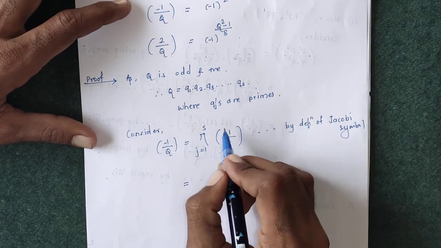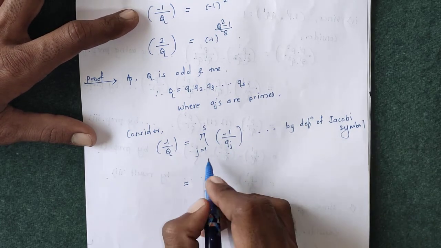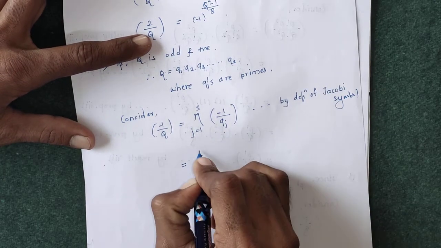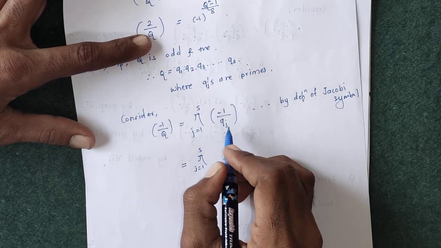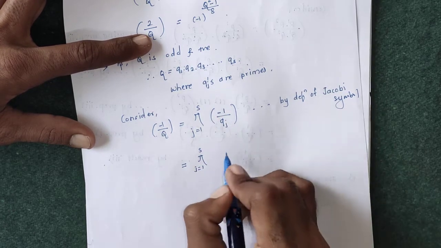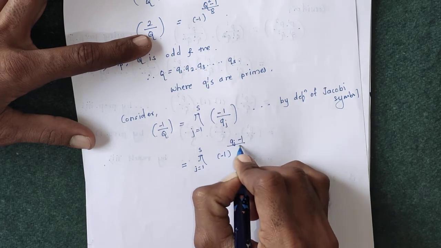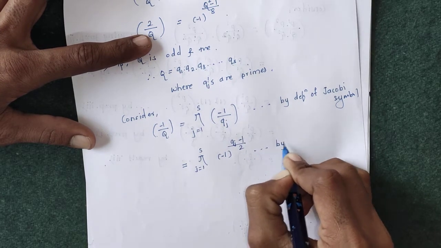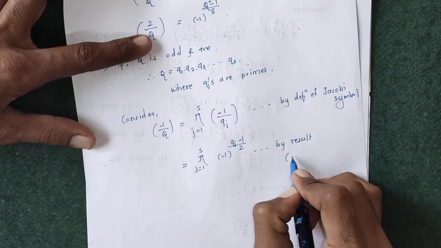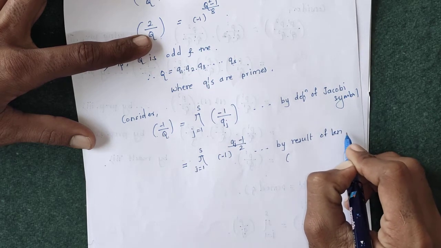So, we can use the result of the Legendre symbol of -1 and p. By using that result, we can write this product, j running from 1 to s, as it is, and by the result of the Legendre symbol of -1 and qj, we can write -1 to the power (qj minus 1) by 2.